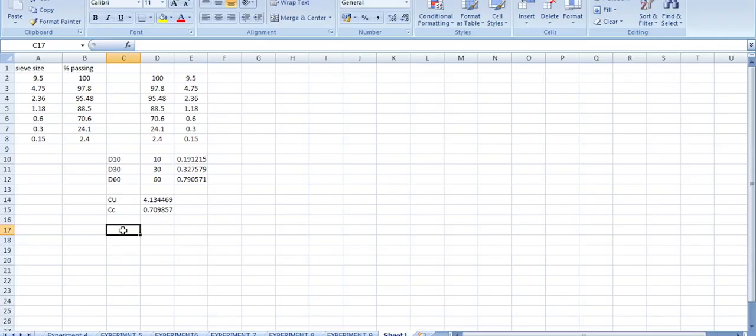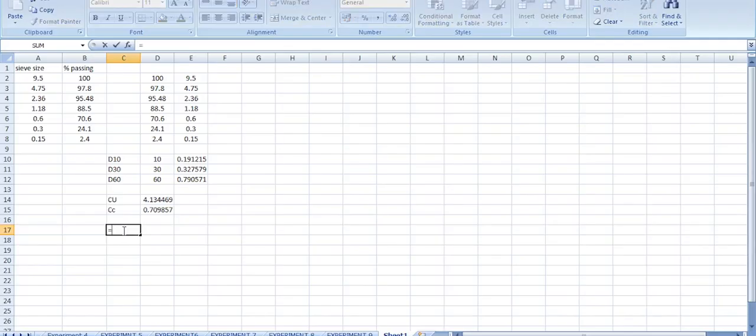I'm going to tell the system that if this happens, the system should do this. And we know that you have to have a range of values for your CU and CC for the soil to be well graded, or the soil to be uniformly graded.